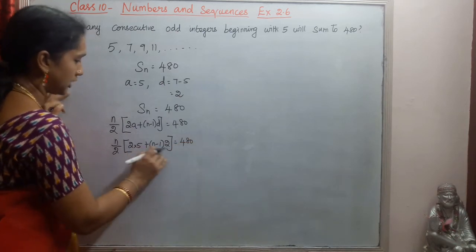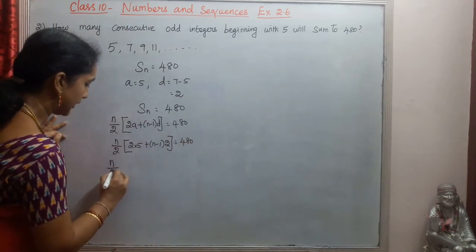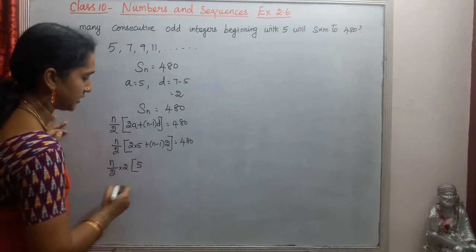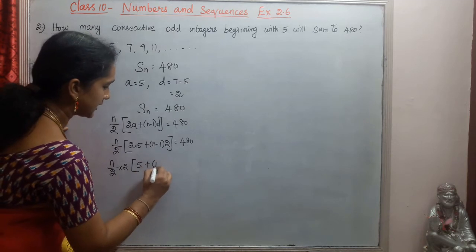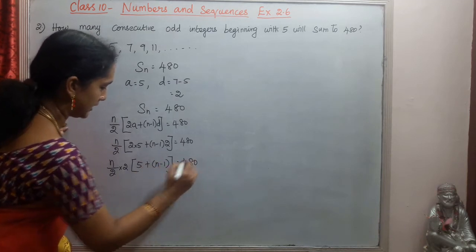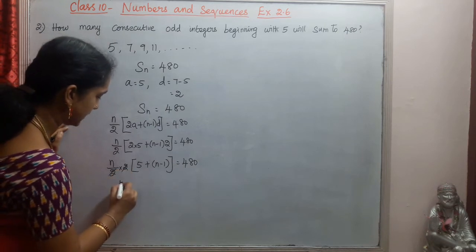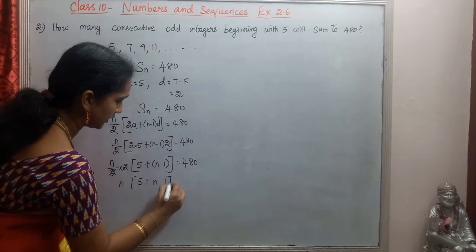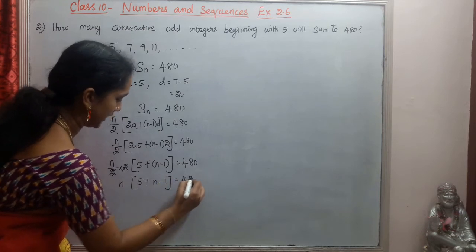So in these two terms we are having 2. So n by 2 into 2, inside the bracket we are having 5 plus n minus 1, is equal to 480. So 2 will get cancelled, n into 5 plus n minus 1 is equal to 480.